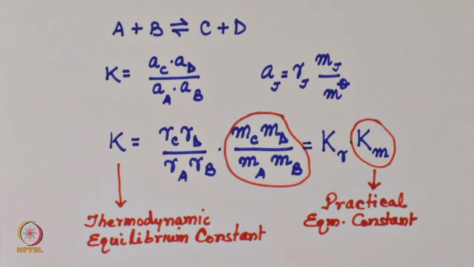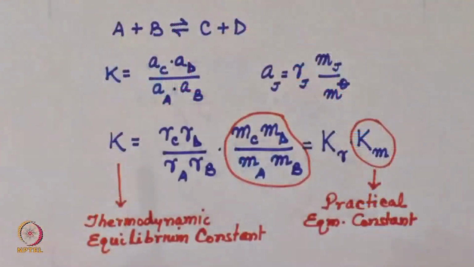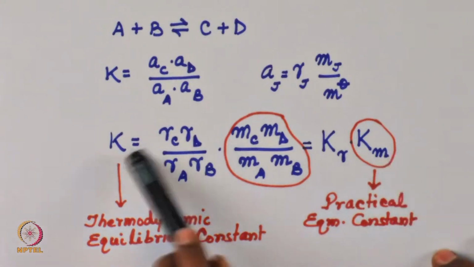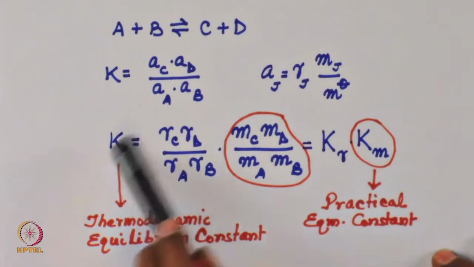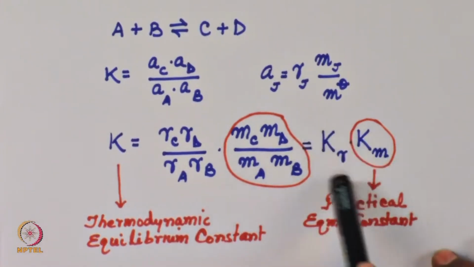And the K that is used in delta G naught equals minus RT ln K is actually the thermodynamic equilibrium constant. So, the question is how to recover this thermodynamic equilibrium constant from the practical equilibrium constant, and that can be done if we know this ratio of activity coefficients.